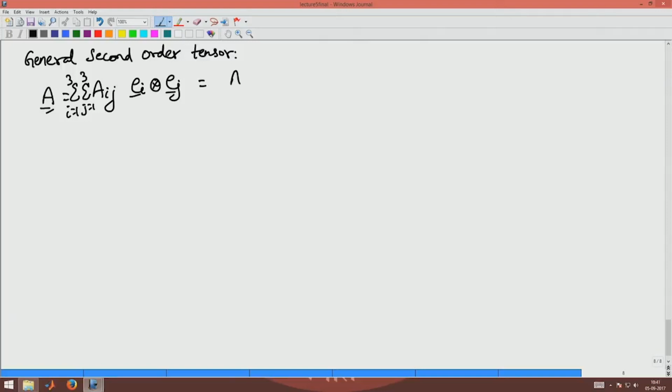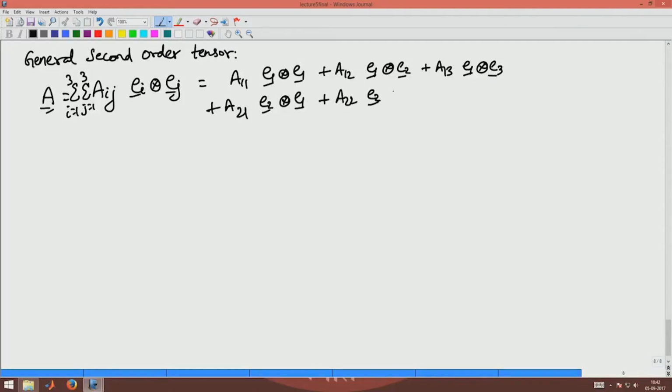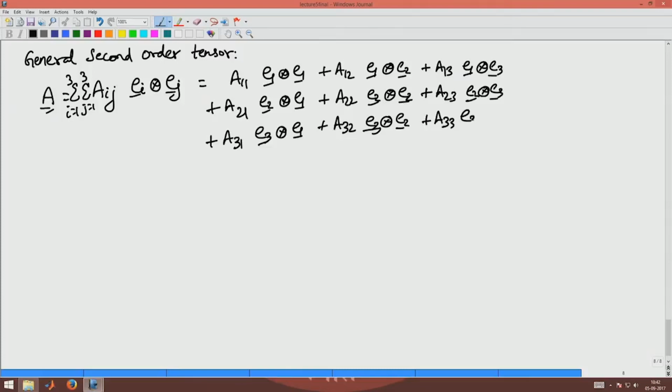What this means is A11 E1 tensor product E1 plus A12 E1 tensor product E2 plus A13 E1 tensor product E3 plus A21 E2 tensor product E1 plus A22 E2 tensor product E2 plus A23 E2 tensor product E3 plus A31 E3 tensor product E1 plus A32 E3 tensor product E2 plus A33 E3 tensor product E3.